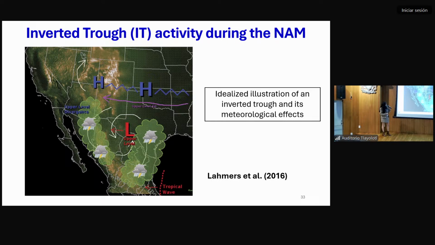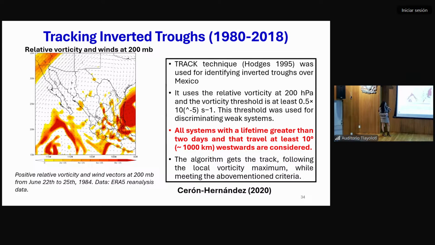And this is very important because if you're trying to match mesoscale convective systems with inverted troughs, we need to first establish how they are connected, how they are interacting. So the first step was to track the inverted troughs.